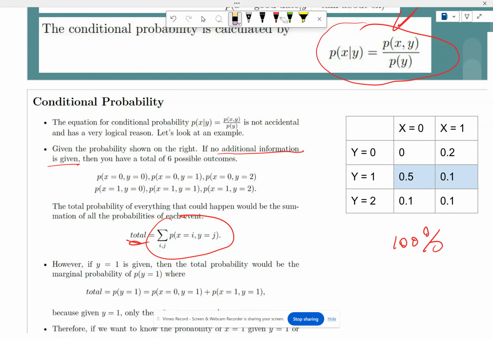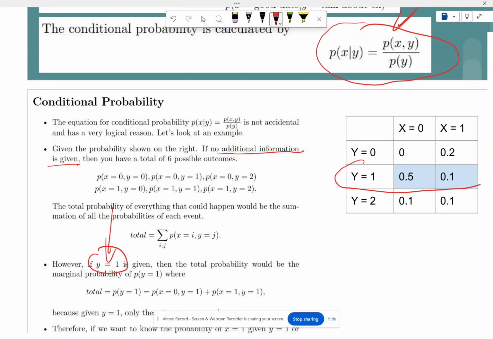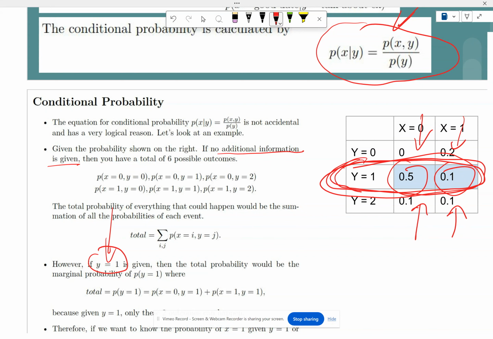However, if something is given, such as if I tell you that Y must equal 1, so that is given. Well, if that's given, then the total probability of all the events that could possibly happen is these 2. This can't happen, this can't happen, this can't happen, this can't happen. None of these can happen because you were told Y did happen.